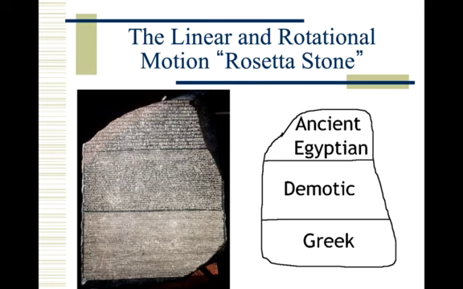Up to that point, no one knew how to translate hieroglyphics, but everybody knew Greek and Demotic. After this stone was found, it gave us a primer to be able to translate all the hieroglyphics. On Wednesday, I'm going to give you that same primer. Although you already know a few of them, I'll give you the rest of those pieces.